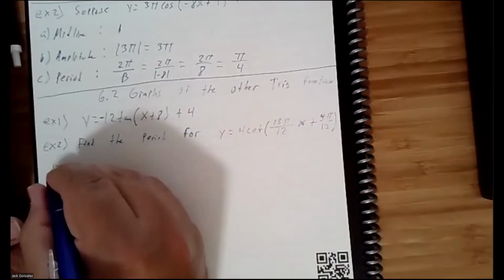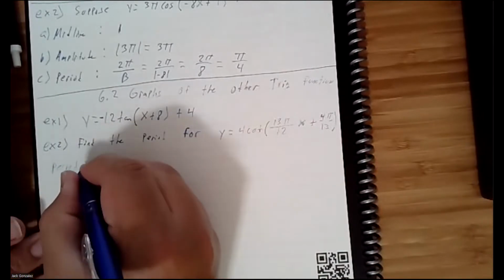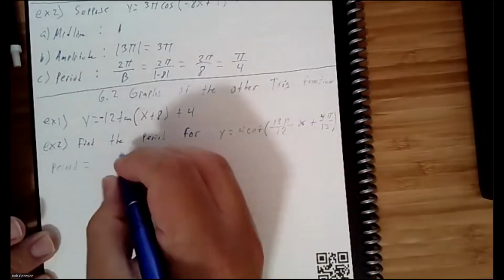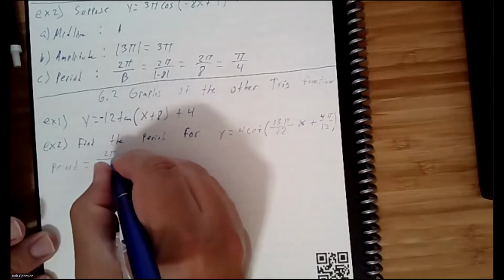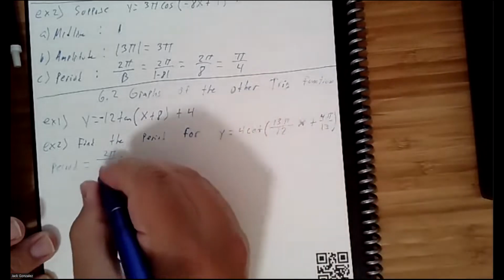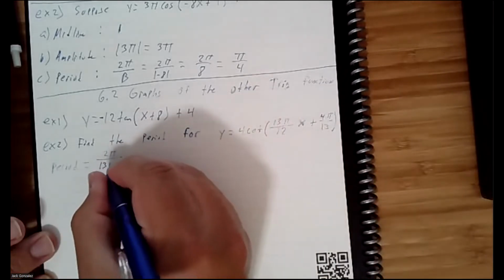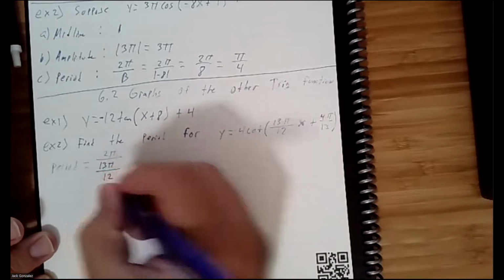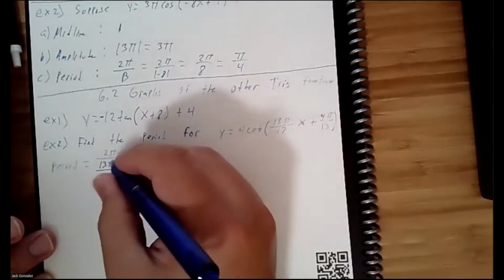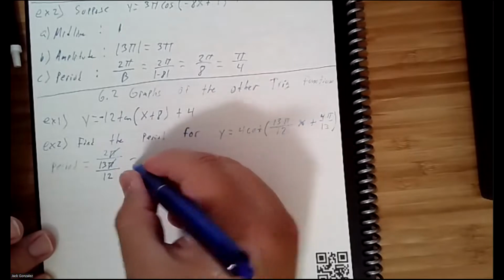So the period will simply be 2 pi divided by 13 pi over 12. So these pi's will cancel.